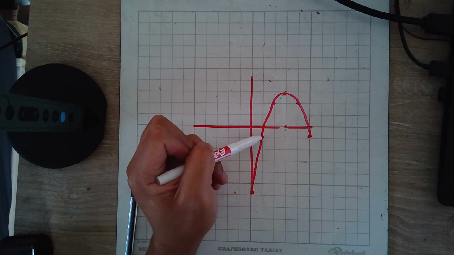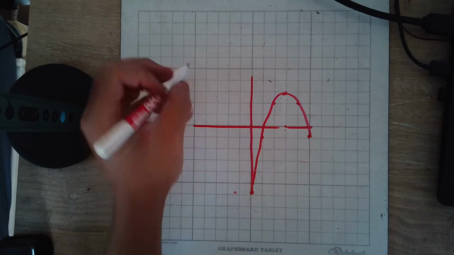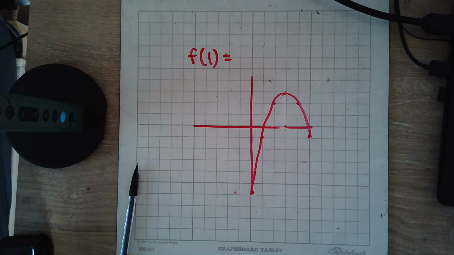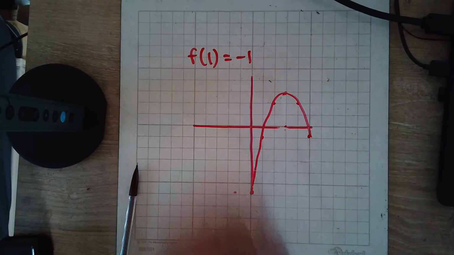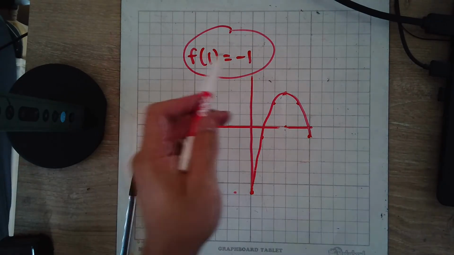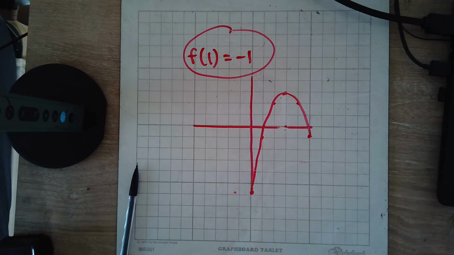Once again, you'll be able to see that better on your assignment. But yeah, f of 1 is equal to -1. You would just have to type in -1 on formative.